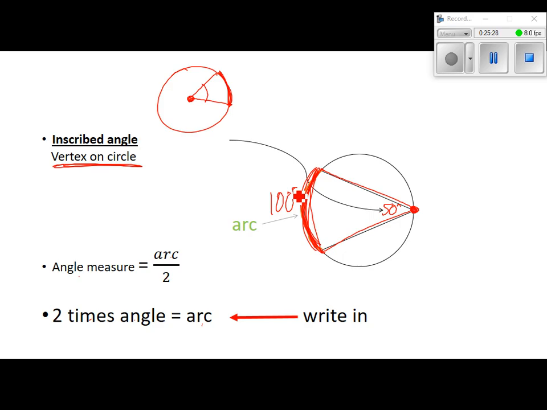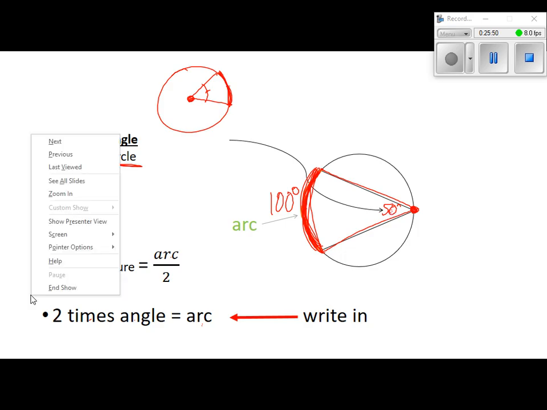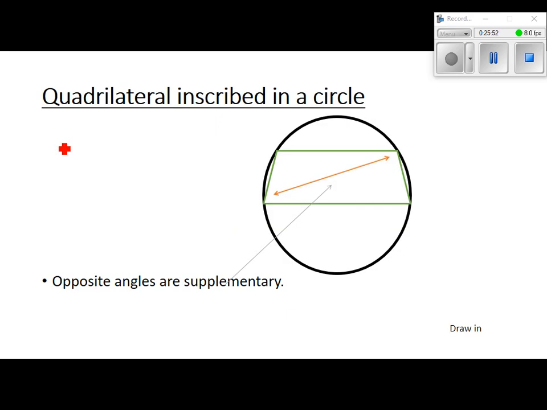And we talked about inscribed angles before. Those are the 2 easy ones, central angles and inscribed angles. Central angle and the arc are the same. Inscribed angle, the angle is half whatever the arc is, or the arc is double whatever the angle is, whichever way you want to say it. We dealt with this one.